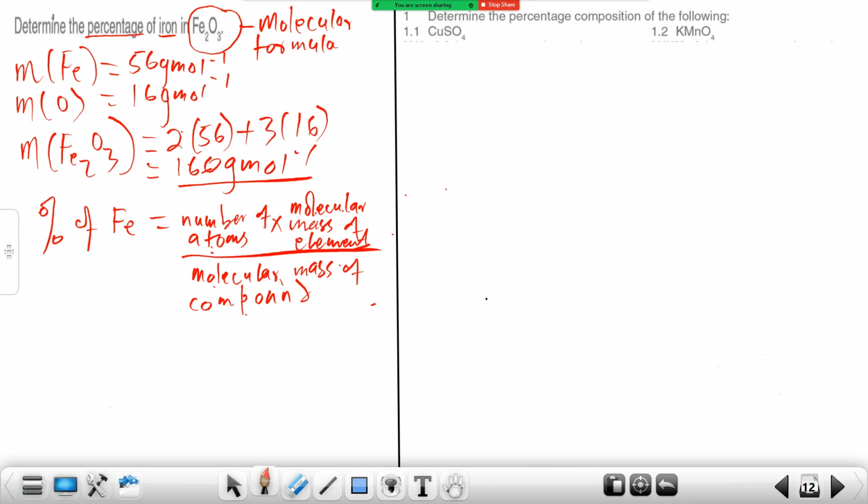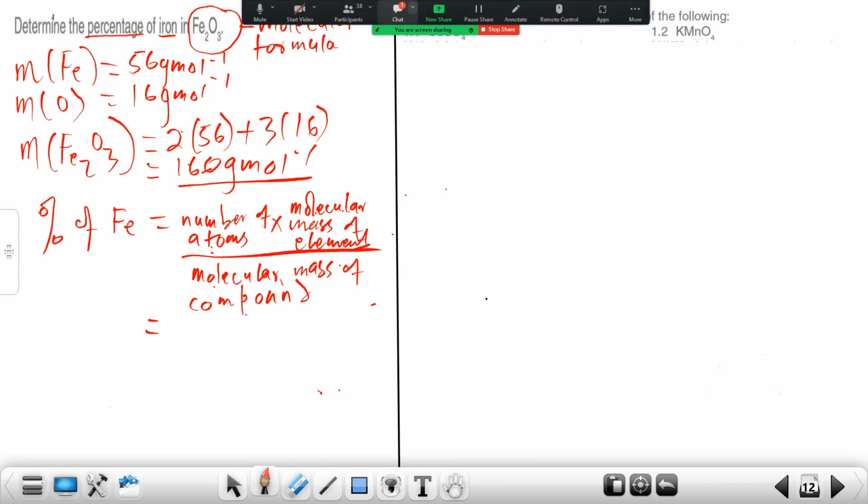There is no mark for that, unfortunately. Then it equals, how many atoms do I have for iron? I have 2 atoms, which is 2.